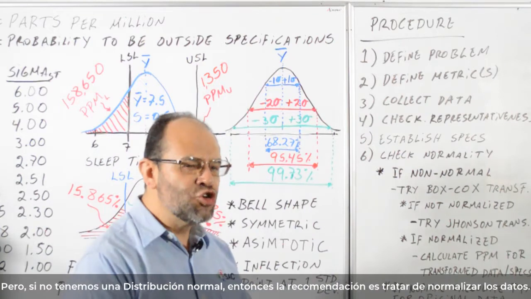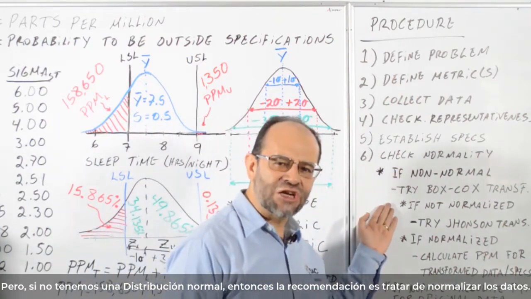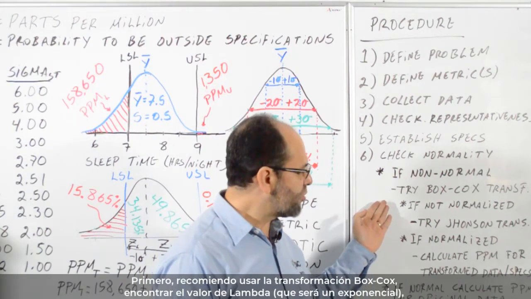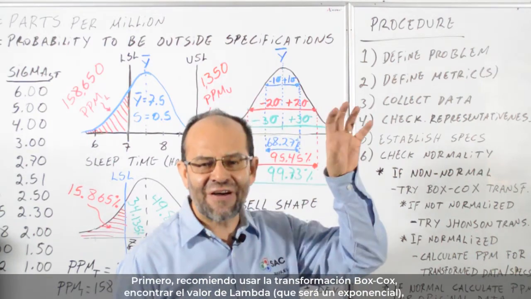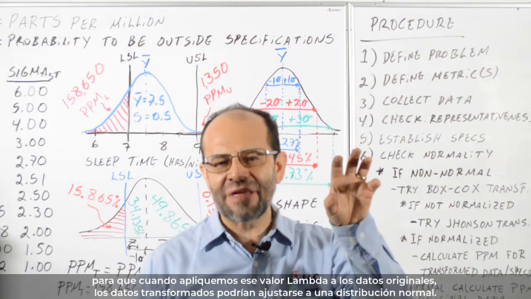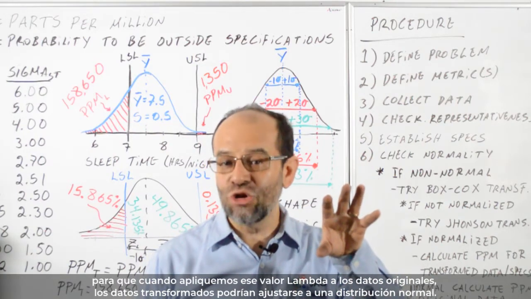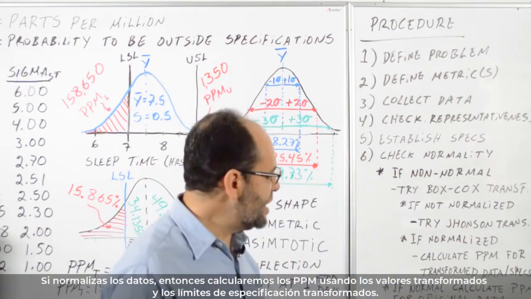But if you are not having a normal distribution, then the recommendation is to try to normalize the data. First, I recommend to use Box-Cox transformation. Find a lambda value, which will be an exponent, that when you apply that lambda value to the original data, although the original data might not be normal, the transformed data can become normal.